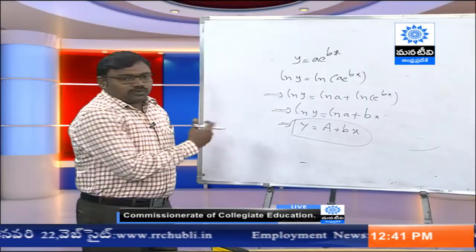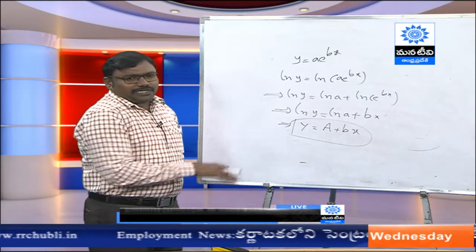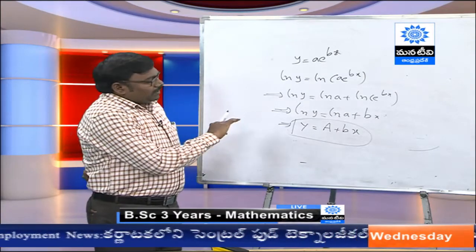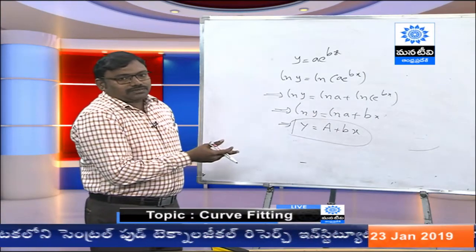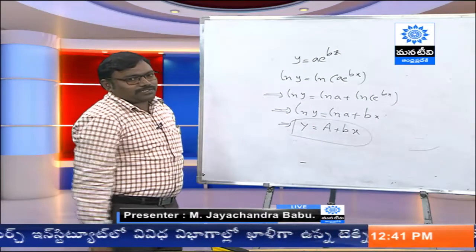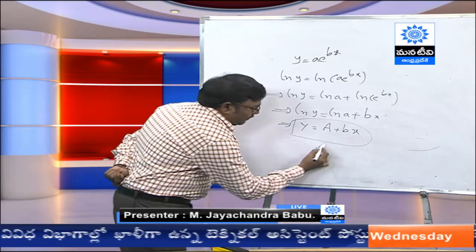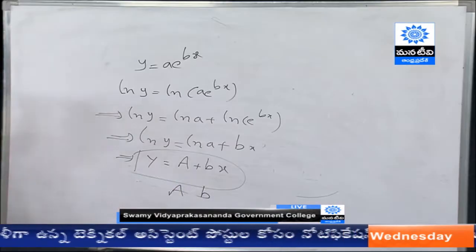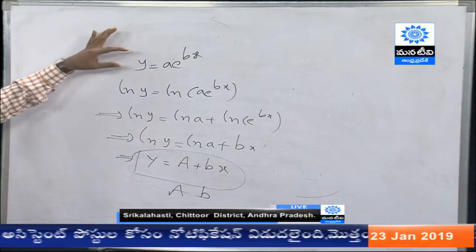Of course, after this we can form a table, write normal equations and substitute the appropriate values in the normal equations. We will get the values of capital A and small b. Again, what is our task?